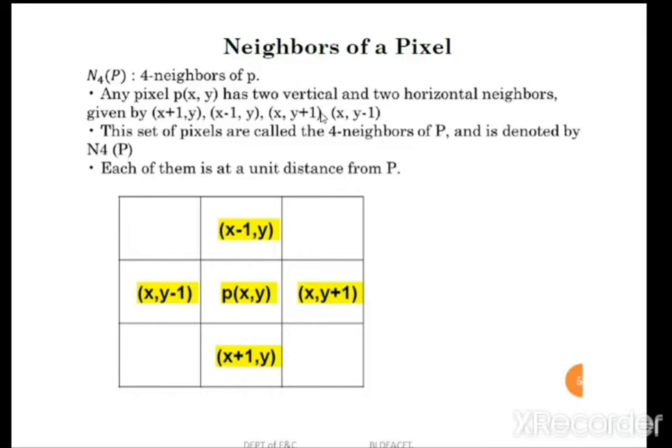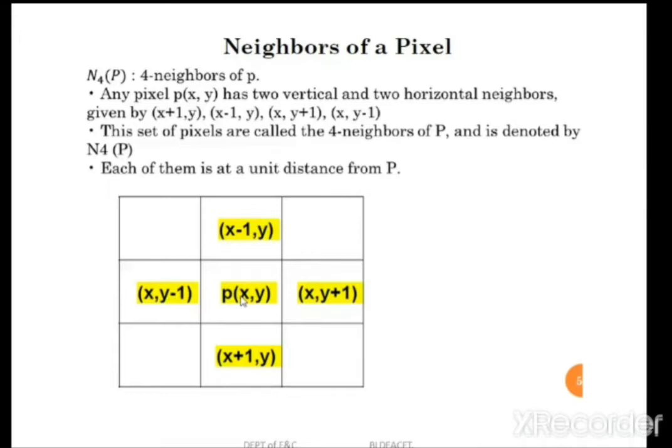Okay. Now, if you consider this example, which is shown in this slide, we have a pixel P at location X, Y. The 2 horizontal and vertical neighbors of the pixel P of X, Y, they are called as 4 neighbors of the pixels. Okay. So simply, the 4 neighbors of the pixel P at location X, Y are nothing but the vertical and horizontal neighbors of that particular pixel.